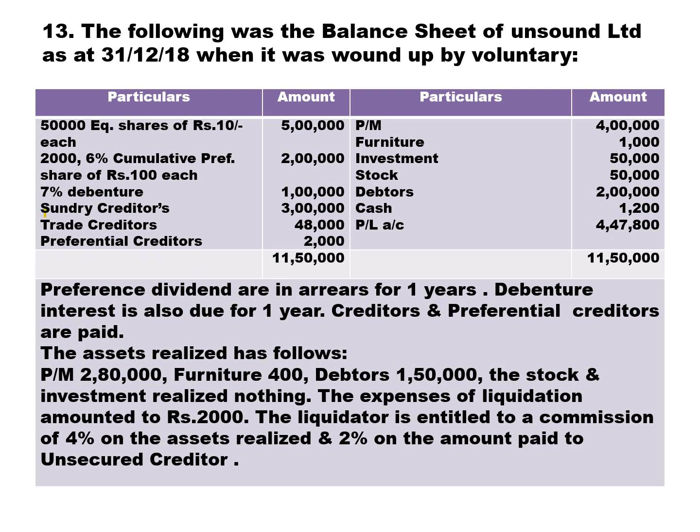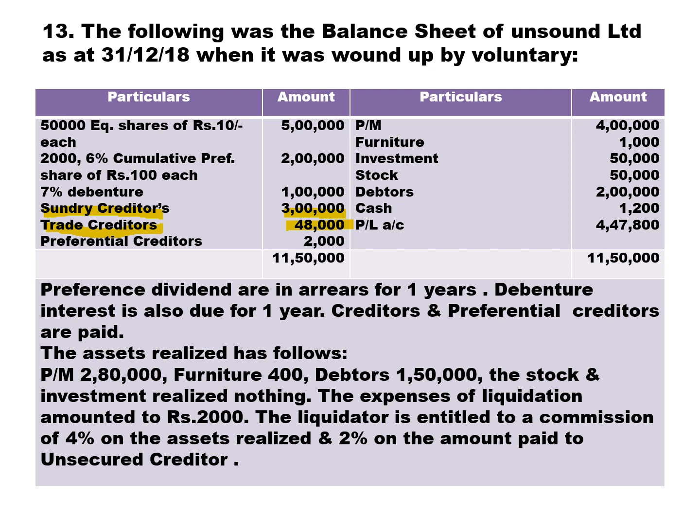Then we have sundry creditors 3 lakh, trade creditors 48,000. So both are called unsecured creditors. No mention about secured creditor in the question, so both creditors are termed as unsecured creditors. Then total unsecured creditors will be 3,48,000. Preferential creditor is 2,000.